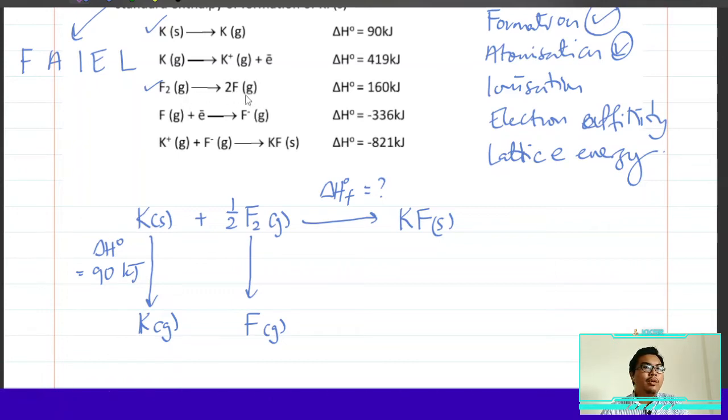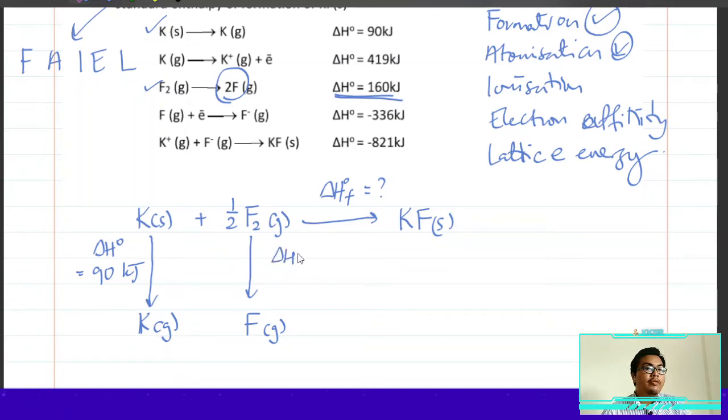Okay, so if we look at here, the value of F here is 2F. So which means that this enthalpy here representing for 2 mole of atom form. Tapi dalam Born Haber Cycle kita ni, kita cuma ada 1 mole of fluorine gas form. Okay, so fluorine atom gas yang terhasil di sini.